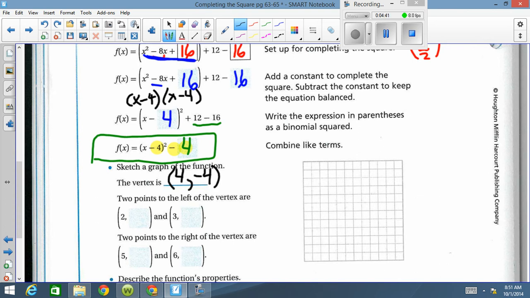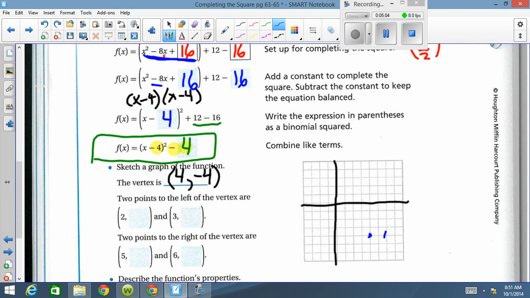So over here on my grid, since I want to use 4, negative 4, that's to the right 4 and then down 4. So maybe I'll draw my grid somewhere up in here. I need to go to the right 1, 2, 3, 4, and then down 4. That's going to put me right there.